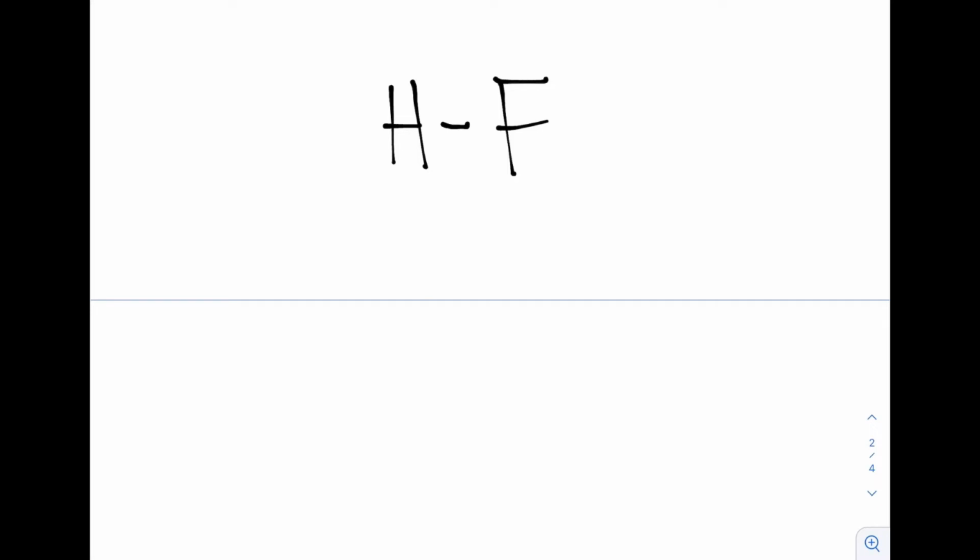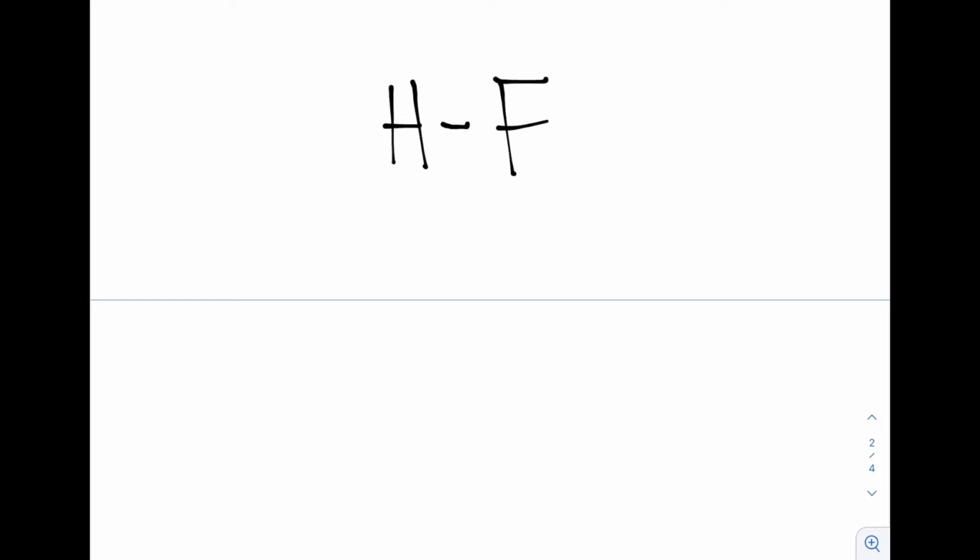This entire molecule is just two atoms, hydrogen and fluorine, bonded together with a single bond, and from this we can determine what kind of bond and chemical environment it creates between the hydrogen and fluorine. You can pause the video here and try to determine yourself if this is a polar or a nonpolar bond. If you pause the video, I can show you the solution.